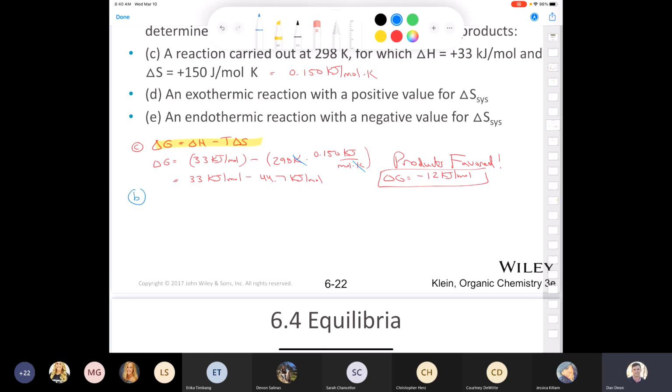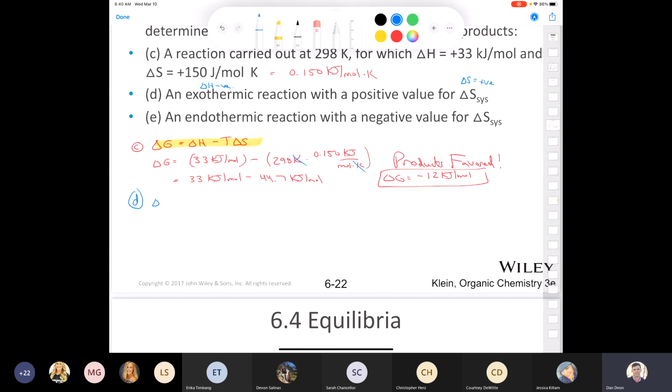And then let's try D and E. These are the most classic scenarios that you can end up with in general chemistry 2, right? General chemistry 2 instructors love to beat the hell out of these questions here. It says you get an exothermic reaction, so that means your delta H is negative, with a positive value for delta S of your system, so that means that delta S is positive.